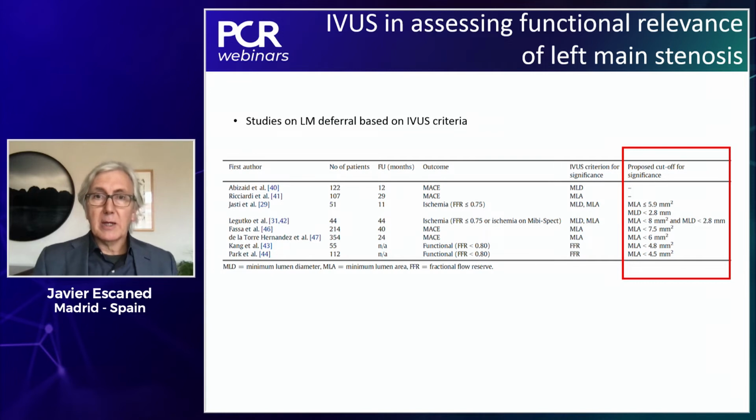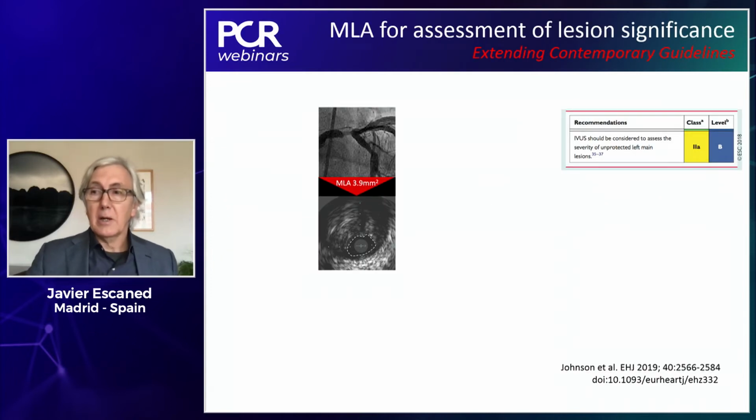We are not going to discuss it, but as you can see here, there are many studies that have looked into the safety of deferral of left main stenosis revascularization based on specific minimal luminal areas of the left main. Again, following the same design like the studies with FFR, comparing with the outcome of patients in whom the stenosis was treated due to tighter stenosis according to IVUS. And these studies are reassuring.